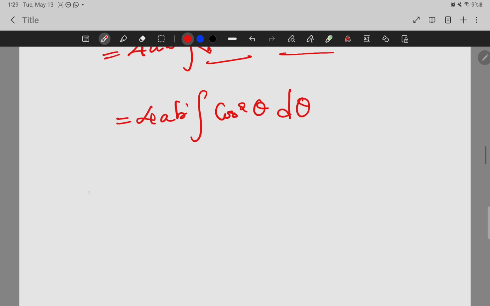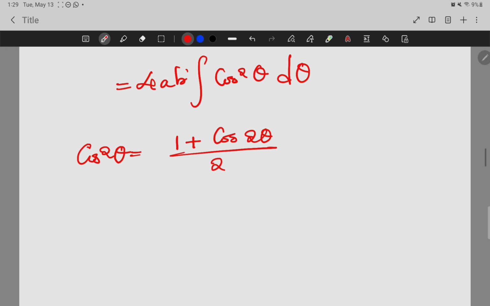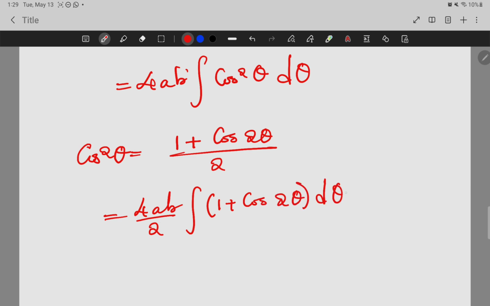But we recall that to integrate cos squared, we have to use an identity. That is, cos squared is equals to 1 plus cos 2 theta over 2. So using that, we now have 4ab, the integral of the 2 can be factored out, so the 2 just comes here, so that we remain with just 1 plus cos 2 theta d theta.